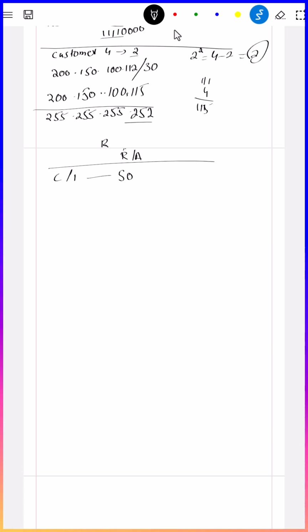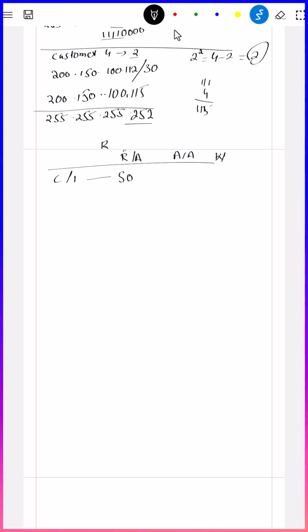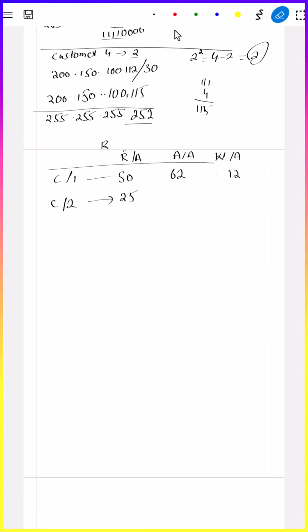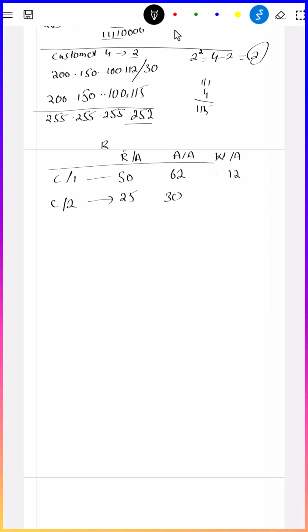Required address, available address, and wastage of the addresses. Available was how much? 62. So how much is wasted? 12. Customer 2 requirement was 25. Available is how much? 32. Okay, the valid was 30. How much is wasted? 5.